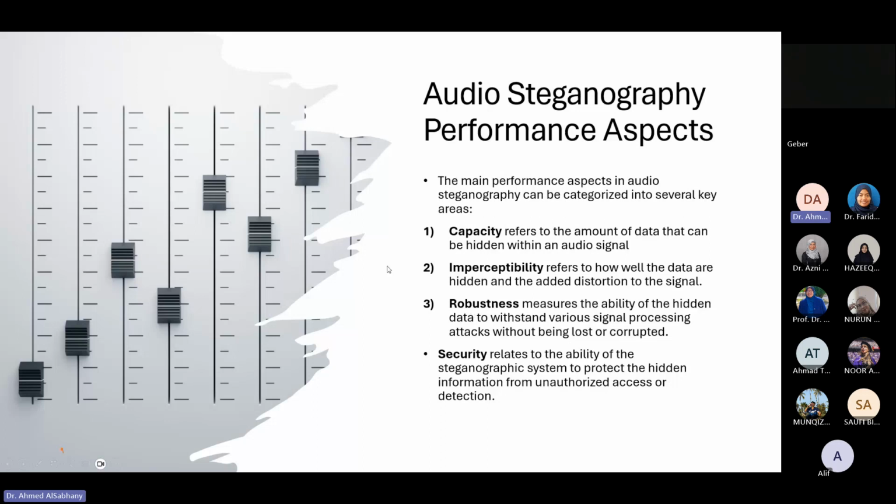So different factors. The imperceptibility is the quality of embedding: how perceptible is the resultant error after embedding. The capacity is how much you can embed in this audio, and the robustness is how we can withstand the errors.